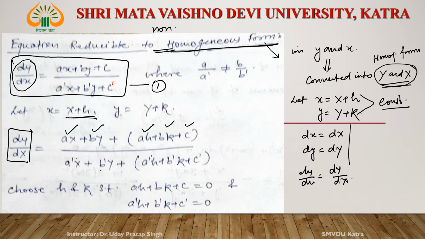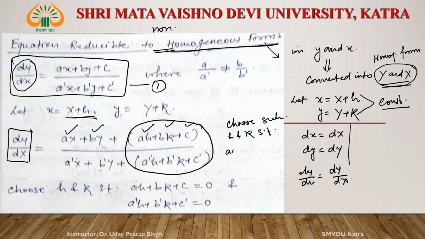Now choose such h and k such that these two linear equations become 0. ah plus bk plus c equals 0, a prime h plus b prime k plus c prime equals 0.